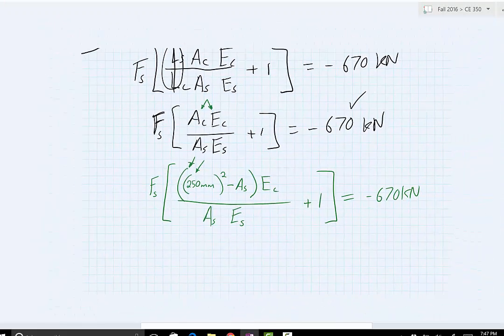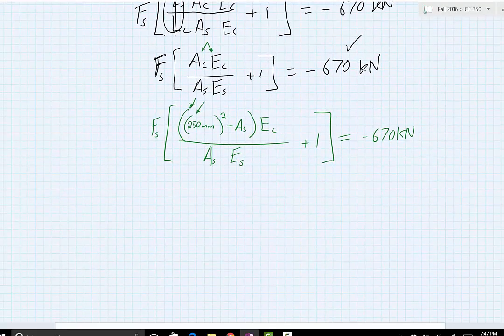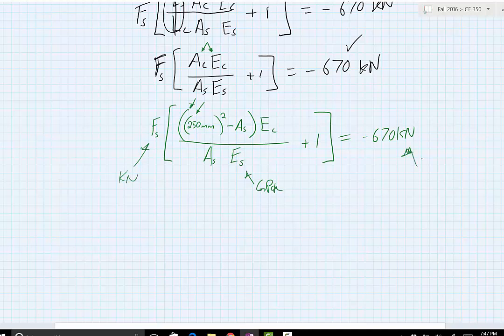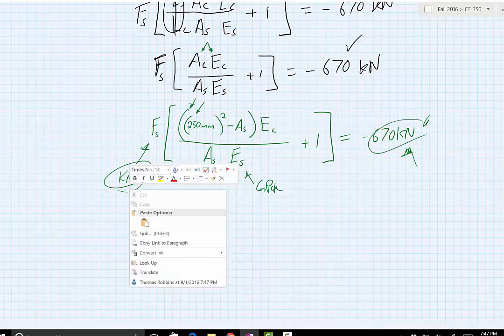So now it's a nice little equation here. Not exactly easy, but you can do your algebraic manipulations here. The modulus of elasticities are both in gigapascals, so that's gigapascal divided by gigapascal, and the units cancel there. This force here is in kilonewtons, and this force here is kilonewtons, so this divided by that, those units go away.